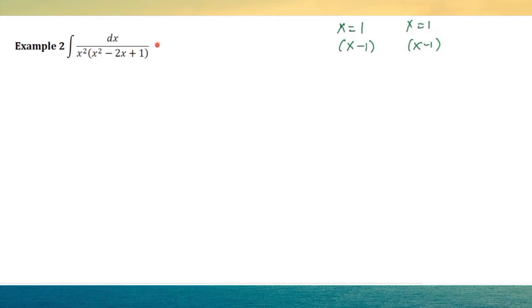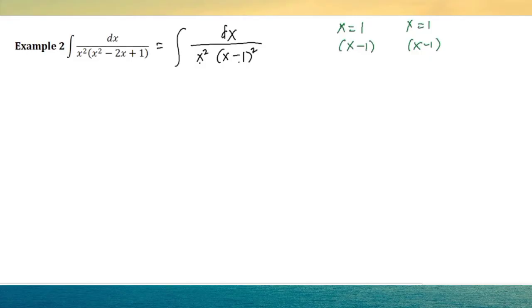So we could say that this is equal to the integral of dx over x squared and x minus 1 square. So makikita natin dito that yung x ay repeated linear and x minus 1 is repeated linear. So meron tayong dalawang repeated linear na factors sa denominator natin.